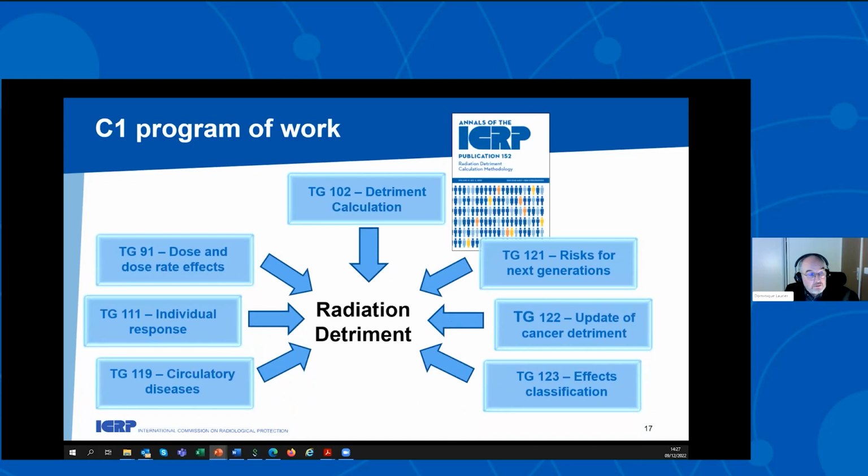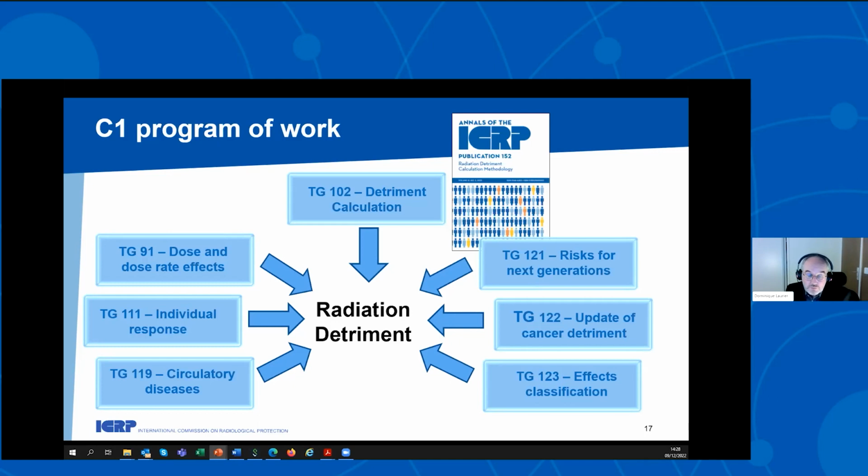And from that, several task groups have been initiated already in ICRP Committee 1. Some of them have existed for several years now, like TG 91, dealing with the dose and dose rate effectiveness factor, TG 111, dealing with variation between individual responses to radiation exposure, and some others are more recent, less than 1 or 2 years, like on circulatory diseases, on the risk for the next generations, so heritable effects.